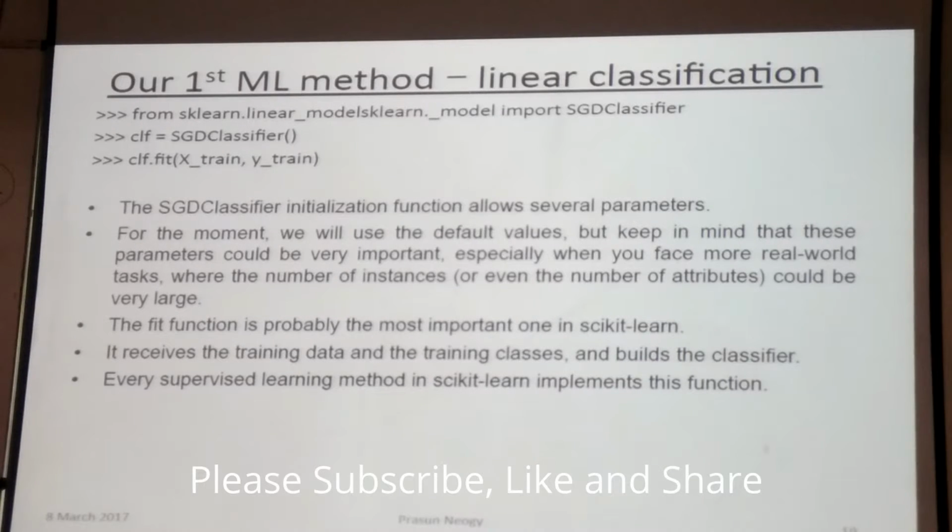You just call the algorithm from scikit-learn linear model, import SGD classifier. Then CLF, this is a variable which you are instancing from this SGD classifier, and then you are writing CLF.fit(X_train, y_train). What are we doing?